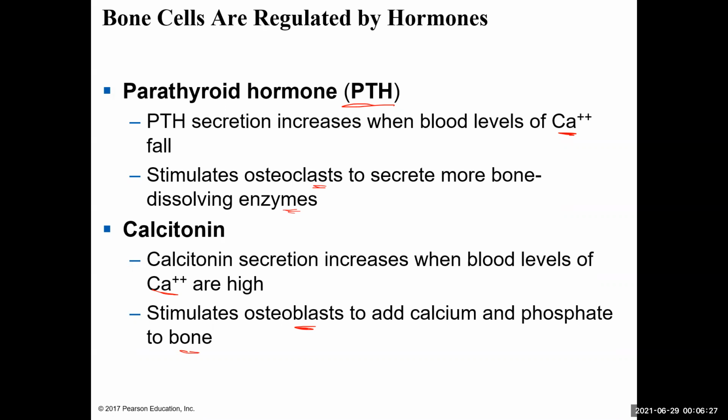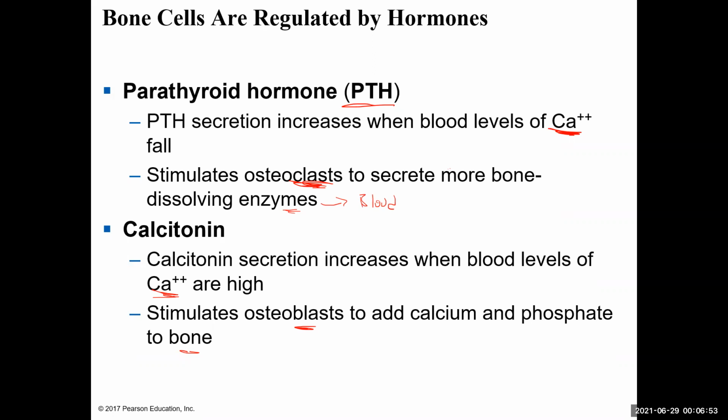Okay, so whenever we have low calcium levels, we want calcium stores to be released into the blood. And so that's why you need more osteoclasts to dissolve that to release the calcium to the blood. Right? But whenever the calcium in the blood levels are high, you want to store that excess calcium.